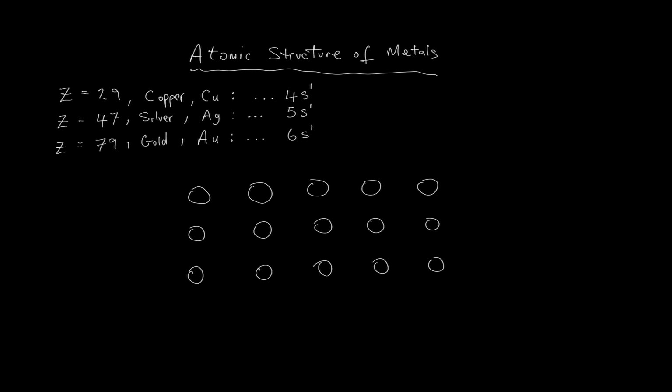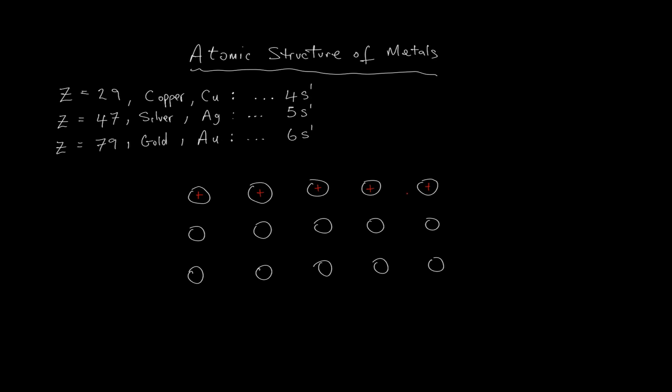And maybe I could use red to indicate that this is a positive metal atom. In other words, it's an ion. And what that means is, say for example, it could be copper, the outer electron has been stripped away from the atom.